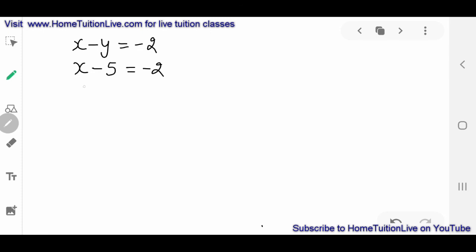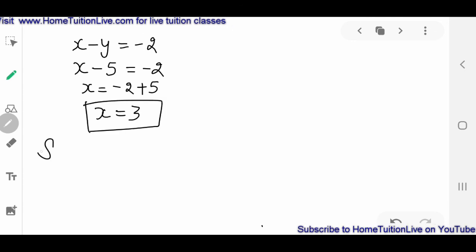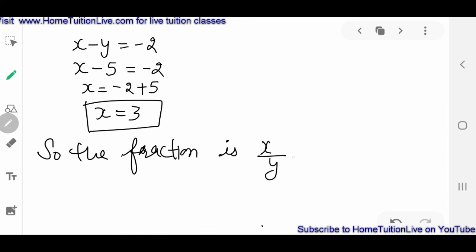This x is equal to minus 2 plus 5, so x is equal to 3. The fraction is equal to x by y, that is 3 by 5.